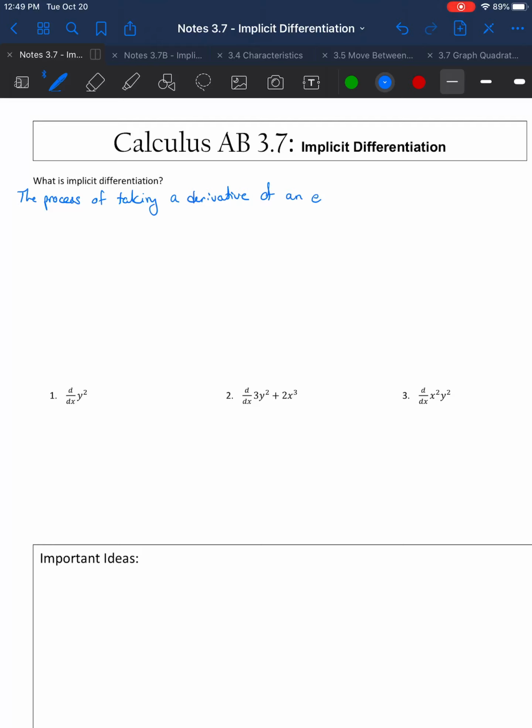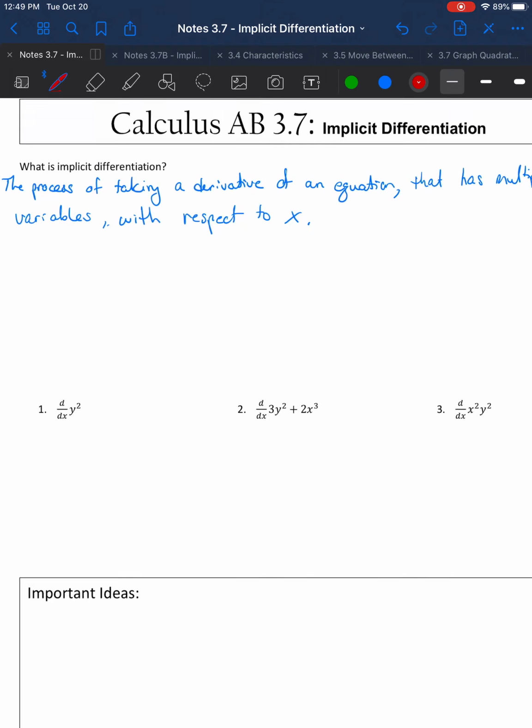Implicit differentiation is the process of taking the derivative of a function, equation, expression that has multiple variables with respect to x.